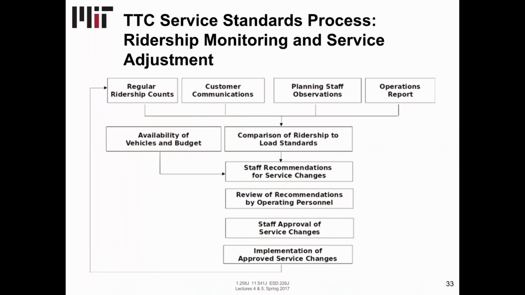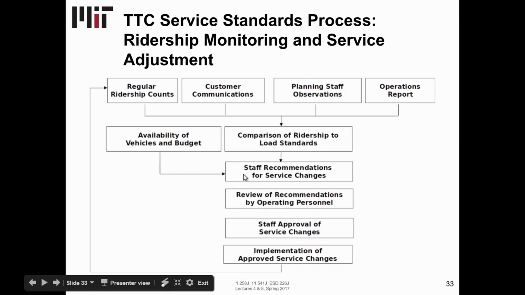Depending on the situation, if there are available vehicles and budgets, the staff make their recommendations of changing the service. If there is availability of vehicles and budget, there will be an improvement and increase in the service level. Then it will be reviewed for recommendation, staff approval, and implementation. This is a closed loop that is usually done on a regular basis.